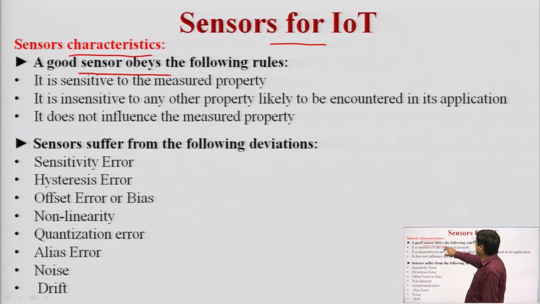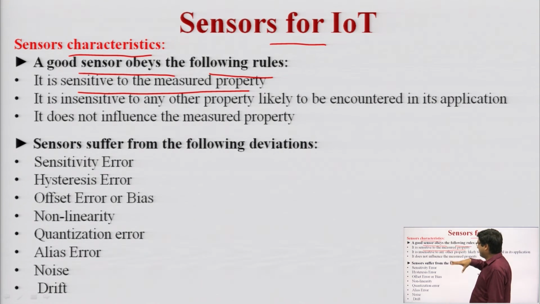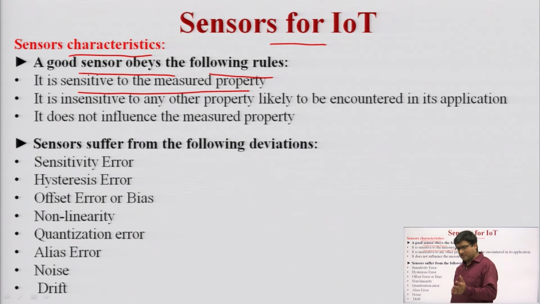A good or ideal sensor obeys the following rules. It is sensitive to the measurement property. It should be sensitive to the parameters it takes from the environment. If it is not sensitive, how will it provide us accurate data? It is insensitive to any other property.